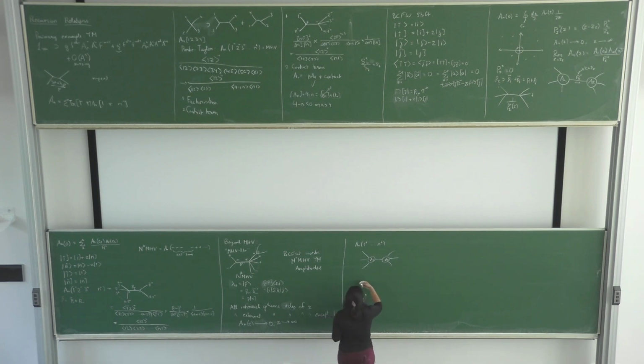If it's hard for you to see that, let me draw the actual diagram. So it's plus, plus, minus, plus, and then this has to be all plus, right?